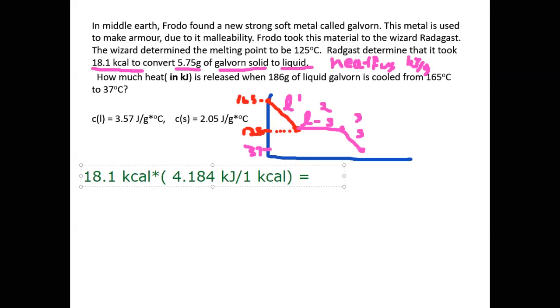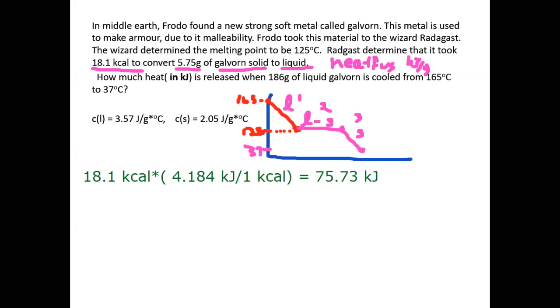And so this will give us the heat in kilojoules. So we get 75.73. And again, we have to do this because it didn't give us the heat of fusion already.